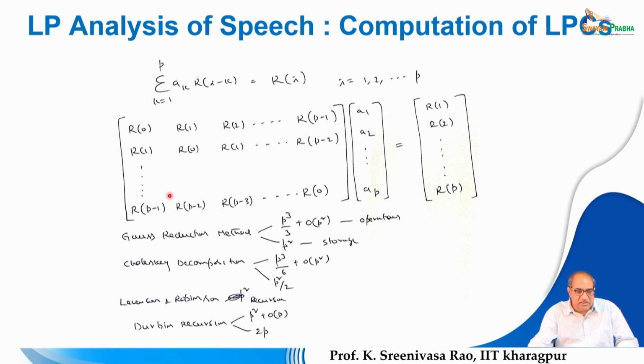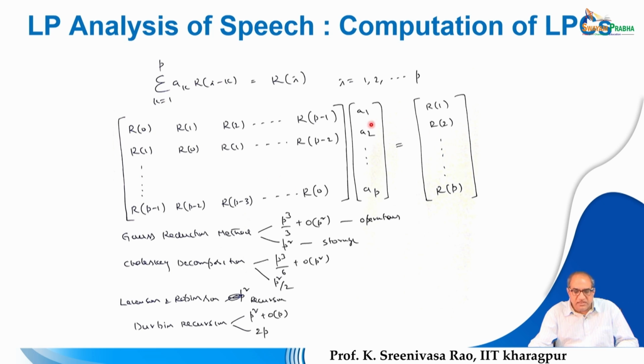This is a p by p matrix, and this a_k is a coefficient matrix, which is 1 cross p, and R of i is again a p cross 1 matrix. By solving this matrix expression you can get the unknowns a1, a2, a3, ap.